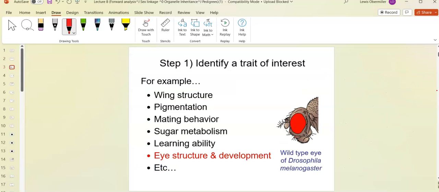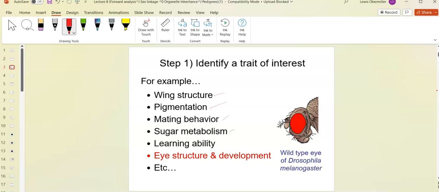So here's just some examples, but you could probably think of a million things that you might be interested in. Maybe you're interested in the size of chicken eggs or the wings. This is a lot of Drosophila genetics here. So what color is the pigmentation of the Drosophila? What is their mating behavior? There are genes that cause Drosophila males to have mating behaviors with other males as opposed to females.